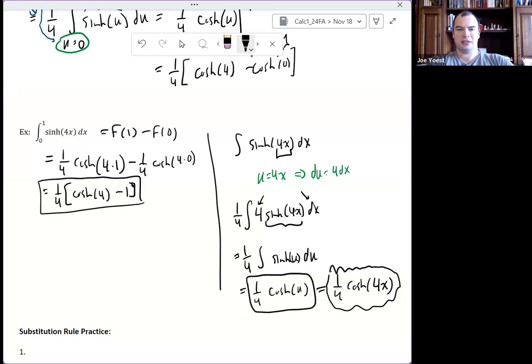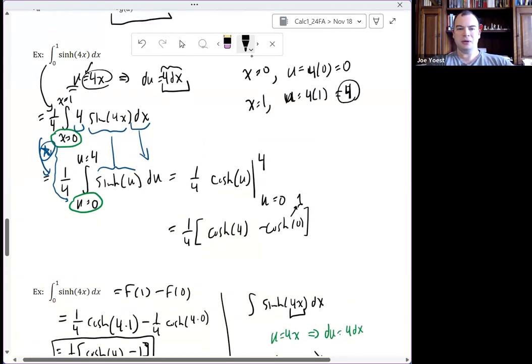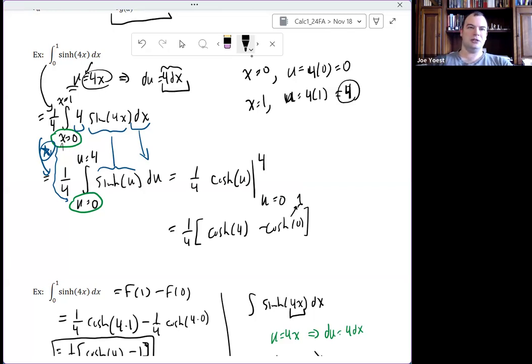What I've done is effectively take this one huge step where I have to remember all of my u and du stuff and also remember to change my bounds. It's really easy, I find, when I'm dealing with all of the u's and du's and the integrands and making sure I didn't miss anything there, to get lazy and just write integral 0 to 1 down here and forget to change my bounds of integration.